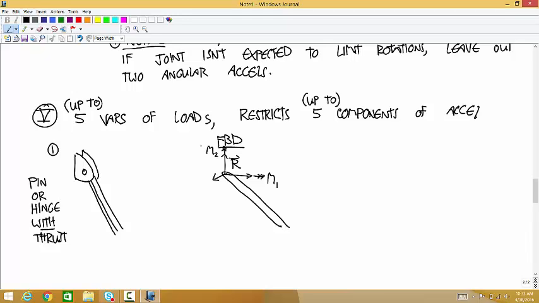And so those loads are a full vector of force, and then two couple components perpendicular to the pin.